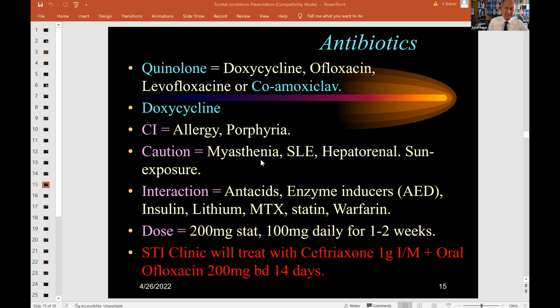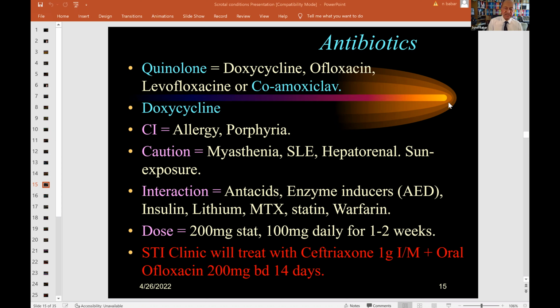It can produce muscle weakness, induce SLE, can cause hepatorenal damage, and it also excites sun exposure related skin problems as tetracycline. It interacts with antacids and enzyme inducers such as anti-epileptic drugs, insulin, lithium, methotrexate, statin, and warfarin. The dose of doxycycline would be 200 milligrams stat, 100 milligrams daily for 1 to 2 weeks.